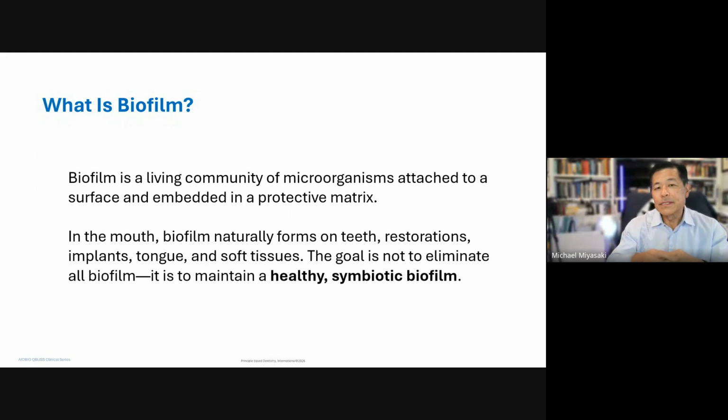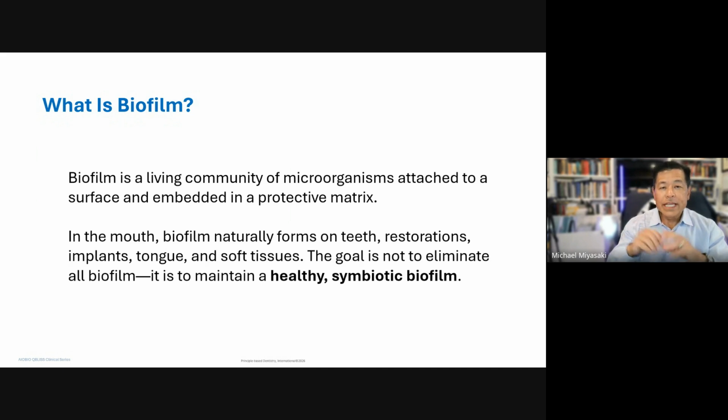So biofilm is that living community of microorganisms that attach to the surface, and then it begins to mature. And as it matures, it's harder to remove. It's harder to treat because it creates its own protective matrix. And like a community, all that bacteria begins to communicate and support each other. And this is the pathogenic bacteria that's going to cause that disease state.